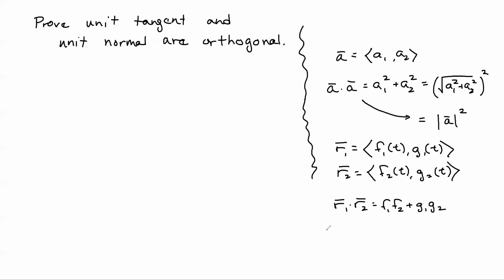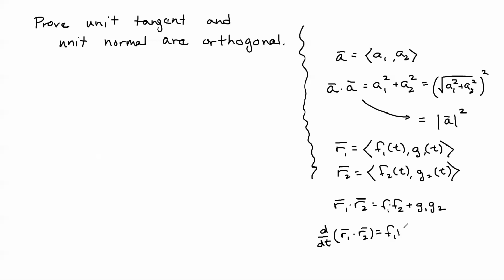Now if you differentiated R1 dot R2, what would happen? These are just regular old scalar functions, and we can take the derivative using our Calc 1 techniques. This is a function of t times another function of t, and we're differentiating with respect to t, so we want to use the product rule.